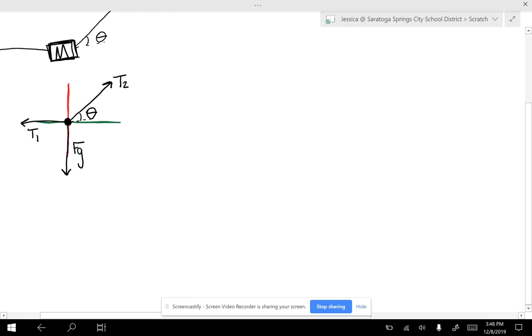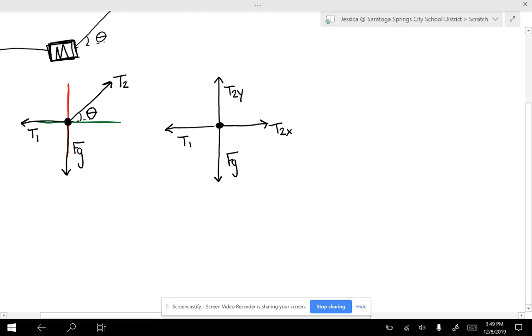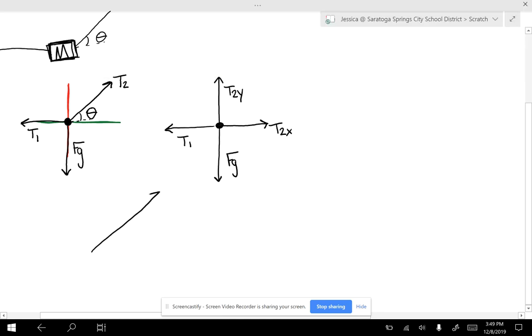Okay. So we have FG pointing down, T1, then we would have T2X and T2Y. Okay, so where those tensions are coming from, T2X and T2Y, just as a reminder is if this is T2, that makes T2 our hypotenuse.